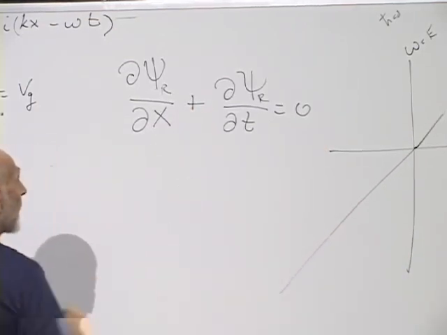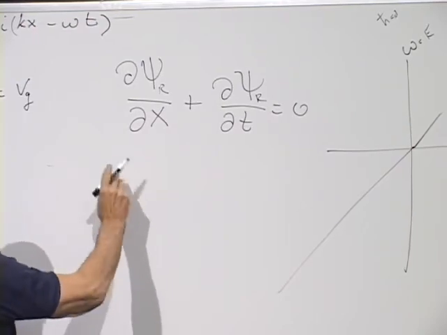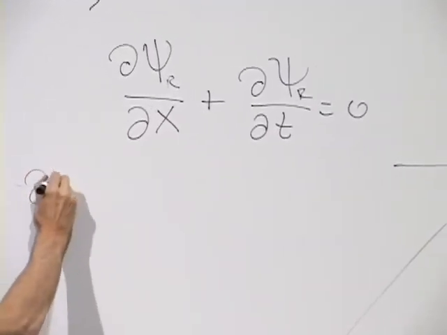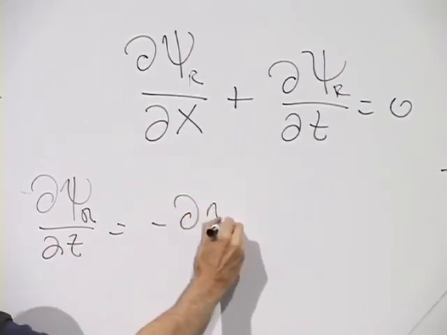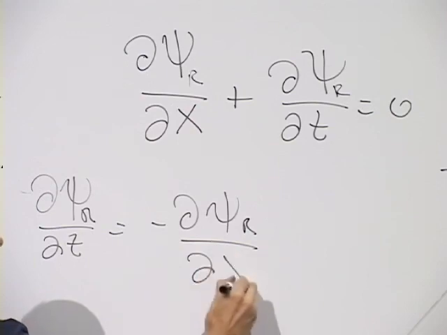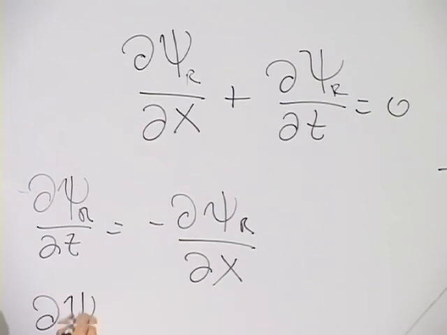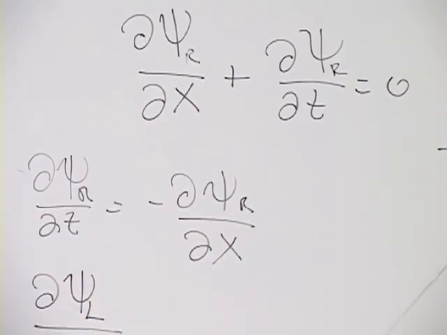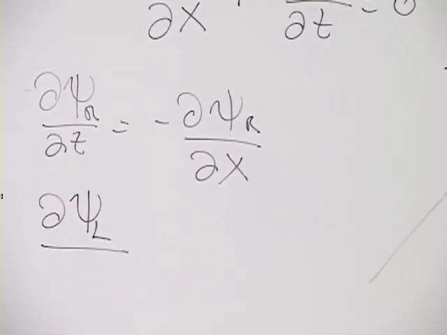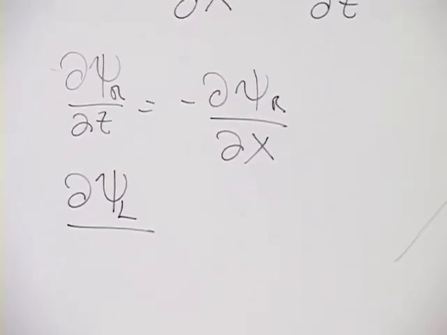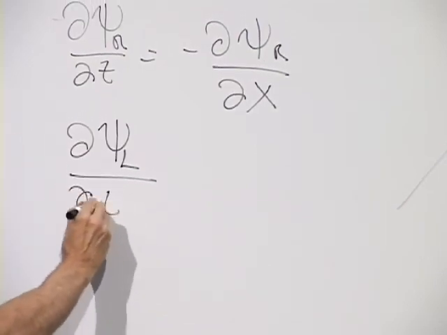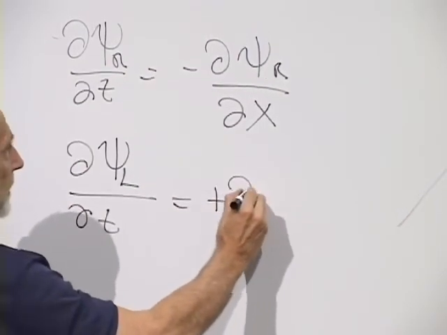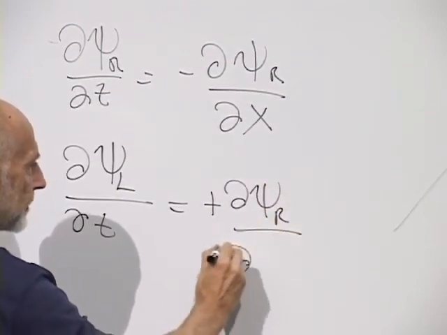So if we rewrite an equation, d psi right by dt is equal to minus d psi right by dx. That's a right-moving wave. A left-moving wave of another field, a completely separate field, with different creation operators and different annihilation operators, describes a different kind of particle, namely a left mover, is equal to plus d psi right by dx.